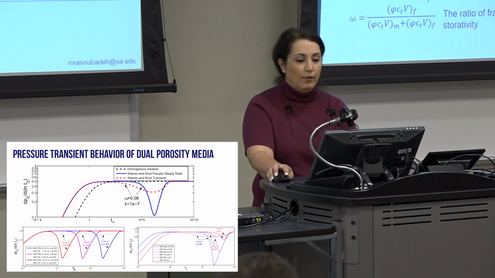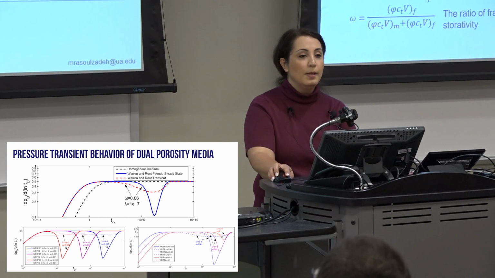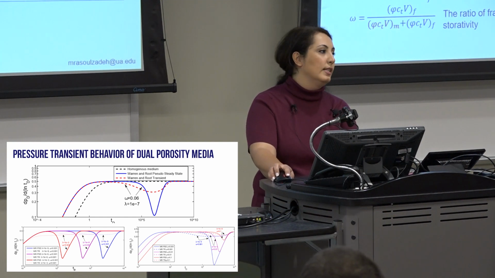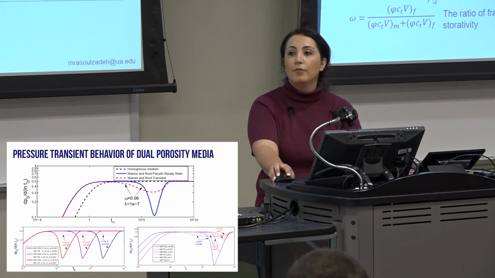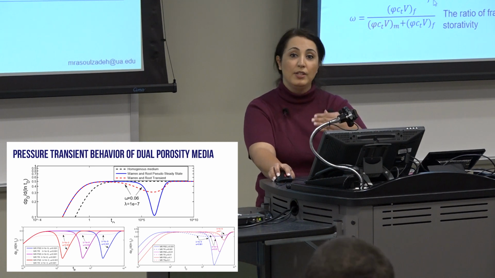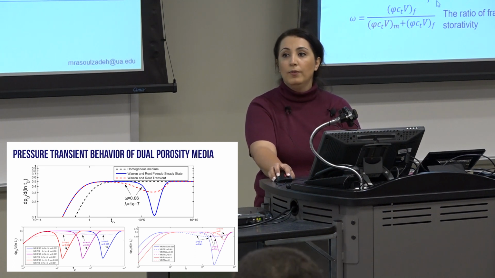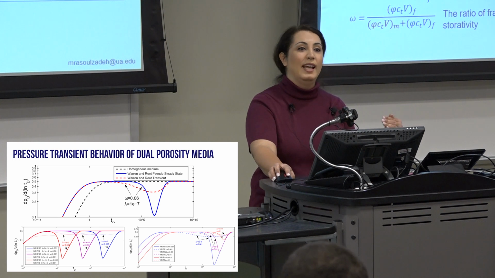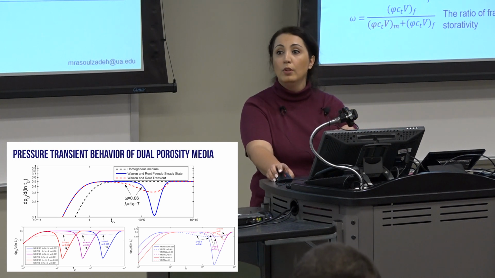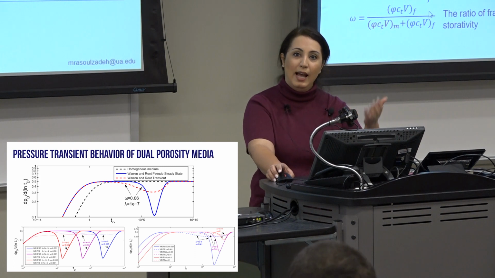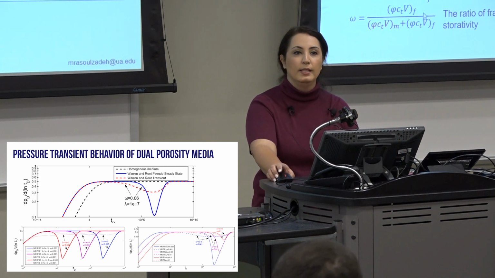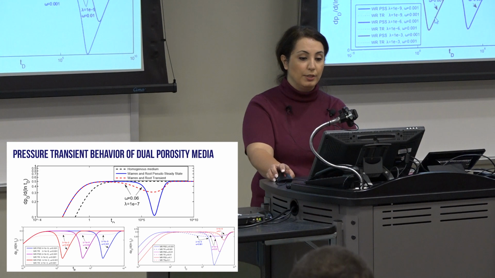If I go with the simplest one, the pseudo-steady state fluid exchange, here the lambda parameter is a measure of contrast in permeability of matrix and fracture. If this lambda is very small, it means the matrix is very low permeable, and if it is larger, it shows that matrix has a more important permeability compared to the fracture.